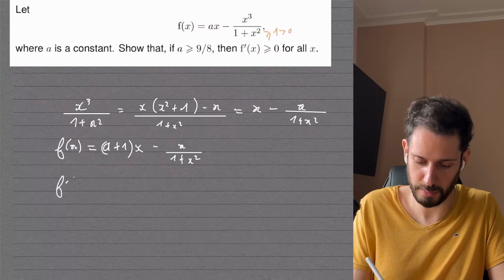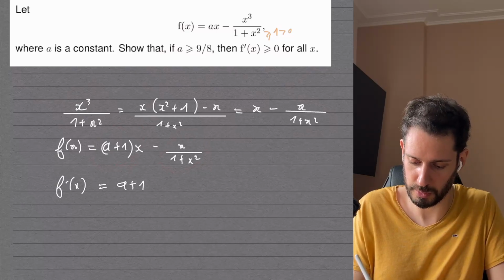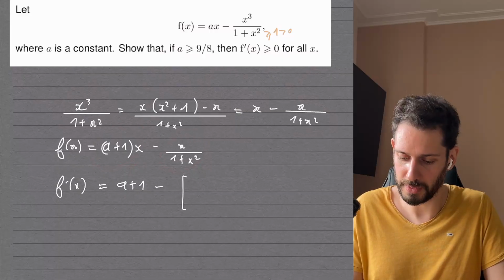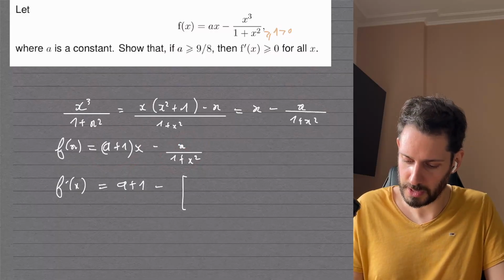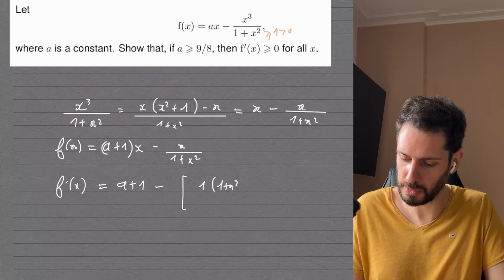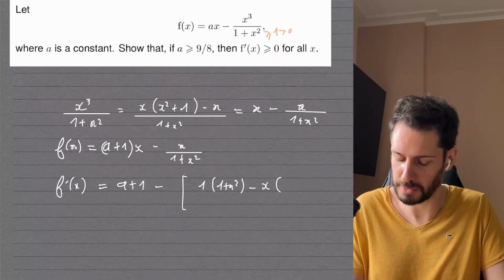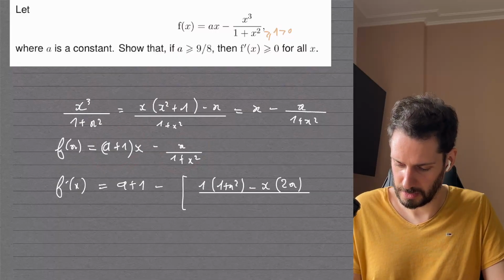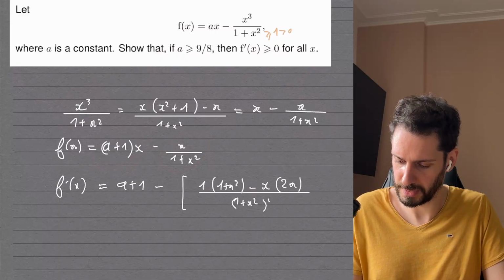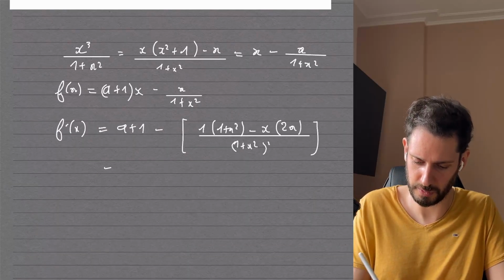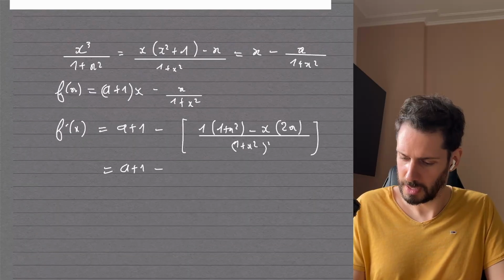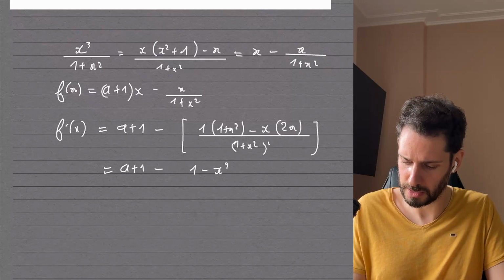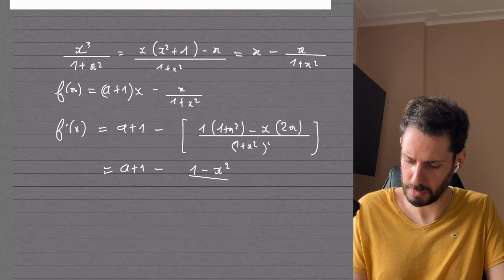So we can do f prime of x equals a plus 1, that's no issue, minus, and this one we try to be safe, so we do 1 times (1 plus x squared) minus x times the derivative of 1 plus x squared, which is 2x, over the function here squared. Okay, so once I have that, I can just move forward with the calculation. I have 1 plus x squared minus 2x squared. Okay, that's 1 minus x squared over (1 plus x squared) squared.